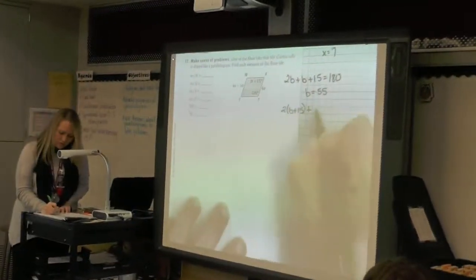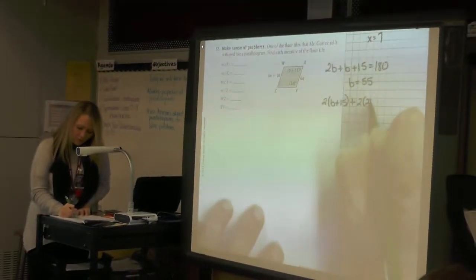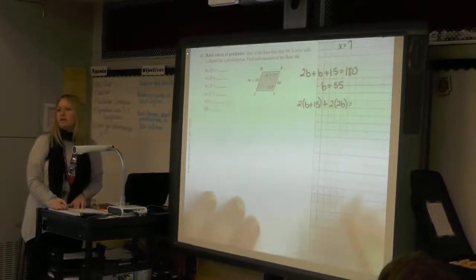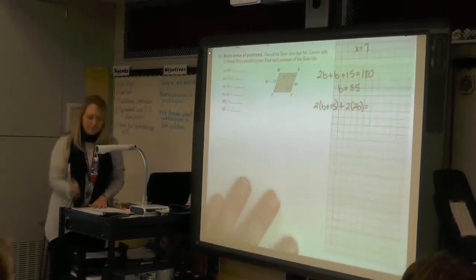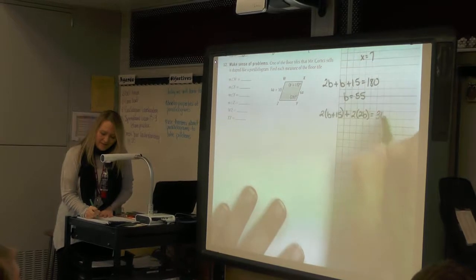I multiplied b plus 15 times 2, and I multiplied 2b times 2. Okay, so she said 2 of these b plus 15 and 2 of these 2 b's, or the value of y, all equaled what? 360. 360. Why would you do that?